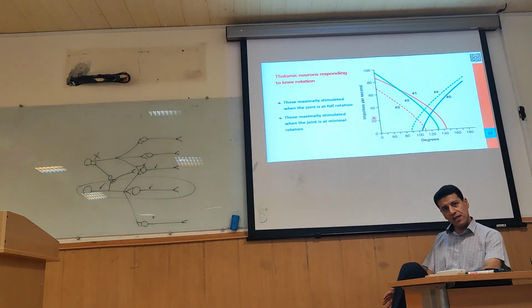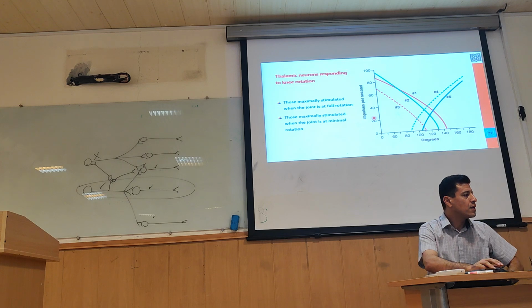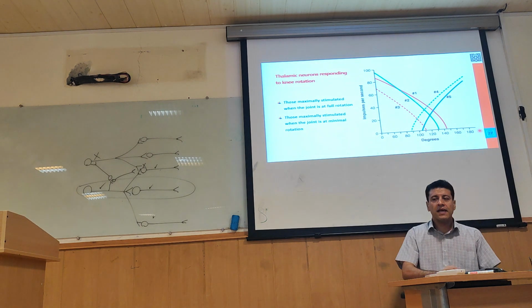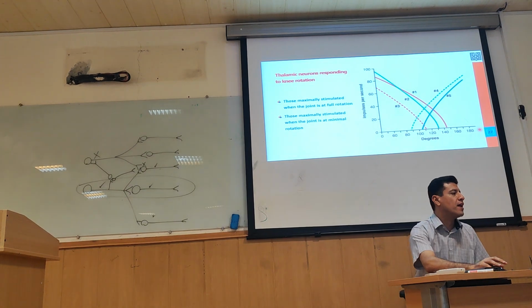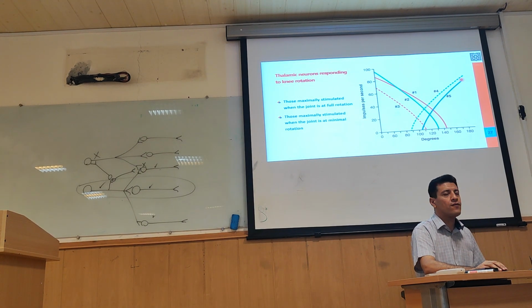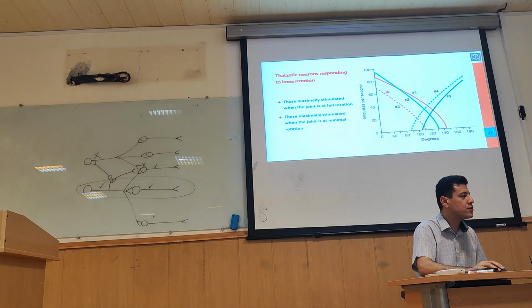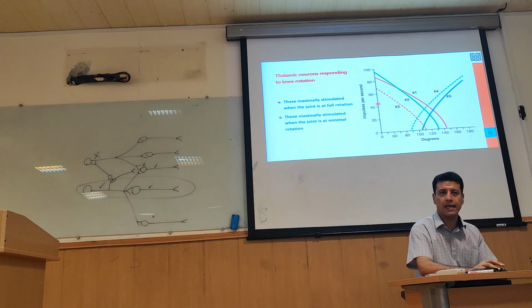In the mid-range, you can see that neuron number 1, 2, and 3 are activated partially. Neuron number 4 and 5 are also activated partially, right? But when you bend the knee totally, then neuron number 4 and 5 are highly activated, but neuron number 1, 2, and 3 are silent.